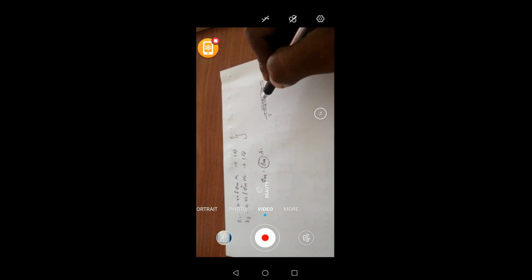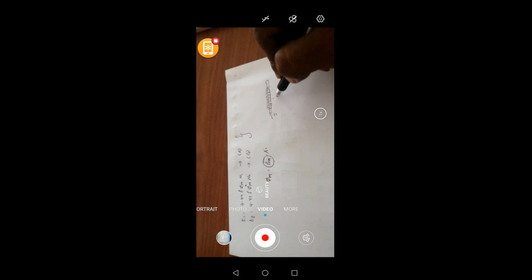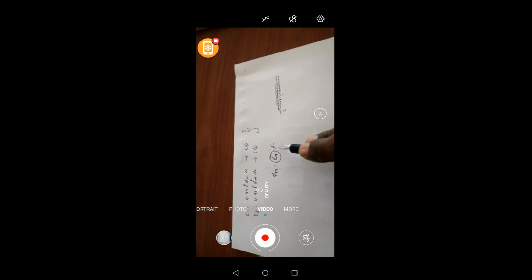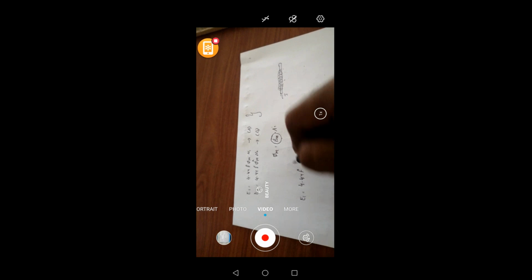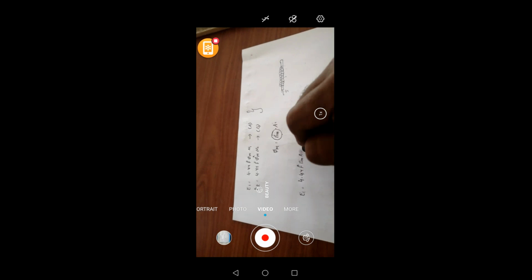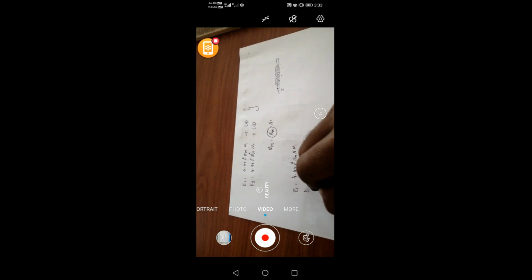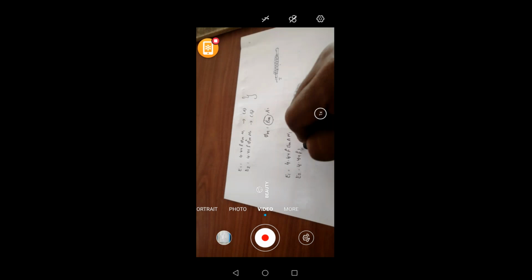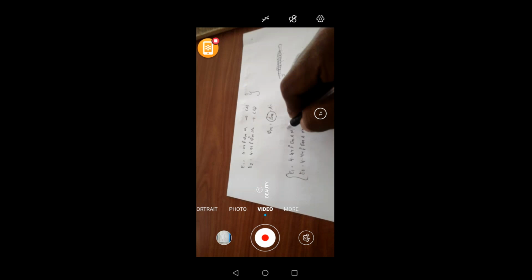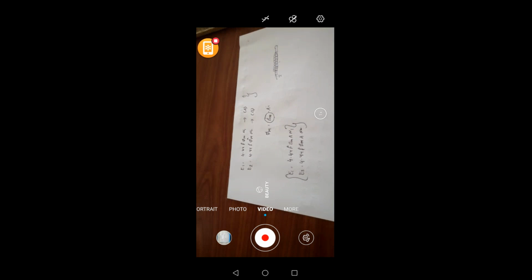That's why we write pi m in the form of Bm into A. So finally we can represent E1 equals 4.44 f Bm A N1. Similarly E2 equals 4.44 f Bm A N2. These are the two equations of EMF of a single phase transformer.